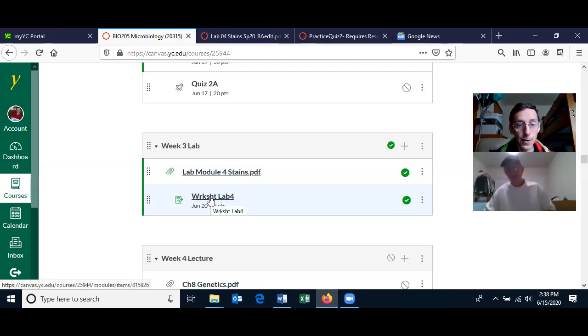You don't have to print it out, but you should save it down, put your changes in it, and then upload this file. Somebody uploaded the whole lab file, and I really don't want that because it's a much bigger file.